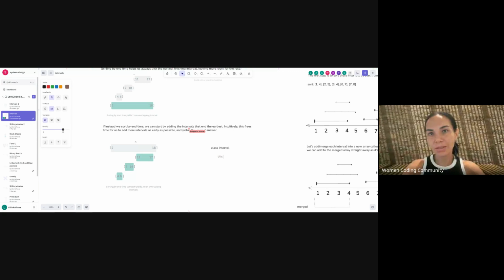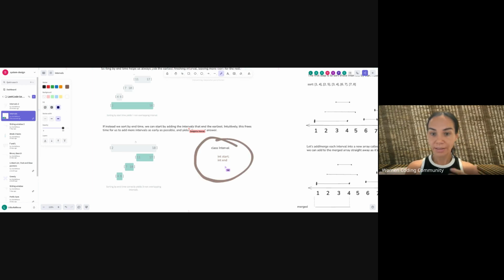You have these variables which you introduce. This will be start, and it will be an int, and here will be int end. So this is our object, if we speak in programming language. So we created an object which is called Interval.